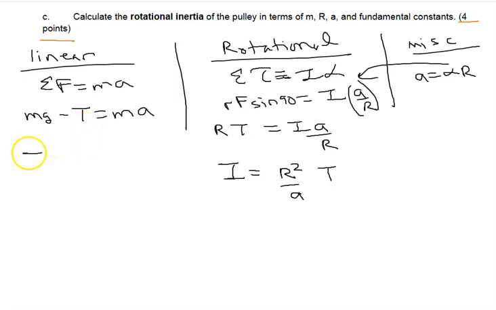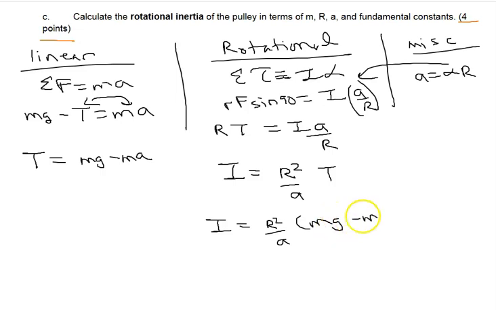And then let's solve this for T. So T is going to be mg minus ma. I just changed positions, these two. So I is going to be R squared over a times mg minus ma. You could factor out an m.